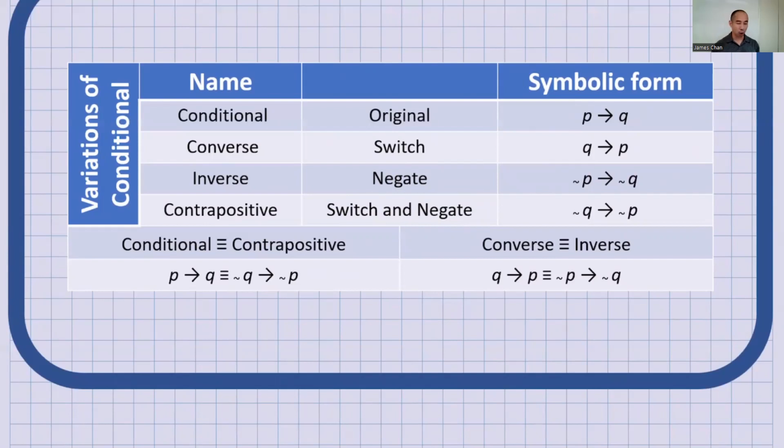So that would be switching: if Q, then P. Inverse would be negate. So you would take the original statement and negate both of them: if not P, then not Q. Contrapositive means to switch and negate. You switch the P and the Q and negate them both. So that's why it's if not Q, then not P.